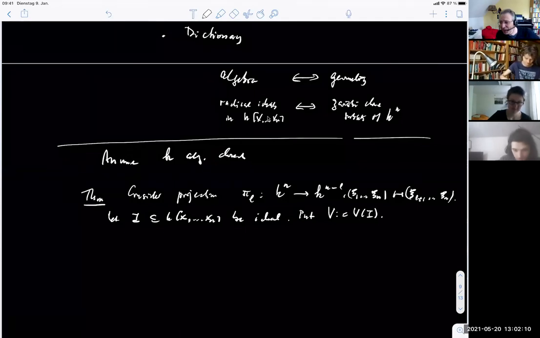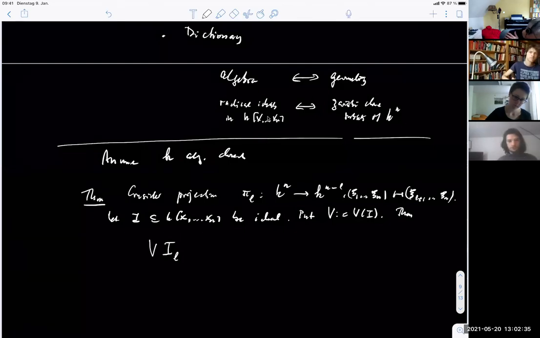I could write W, but maybe it's not a good idea. I call this the zero set. Then the point is, I have this L-th elimination ideal, which has polynomials depending only on x_(L+1) to x_n, and I want to understand the zero set of this.